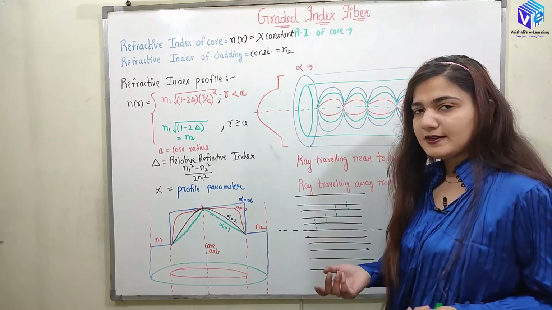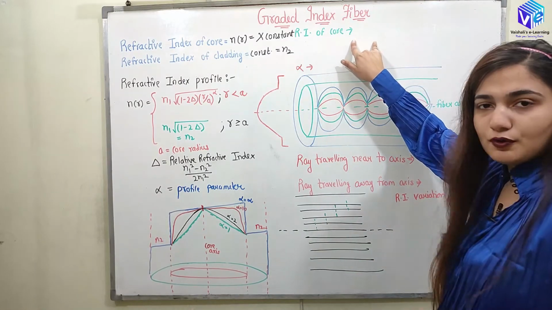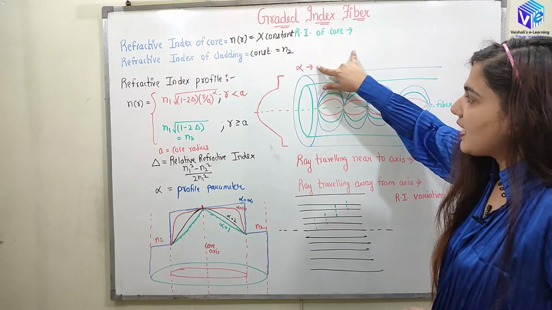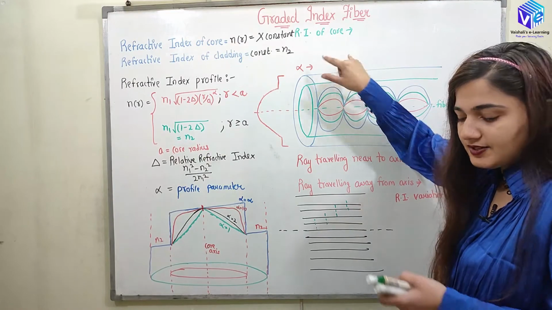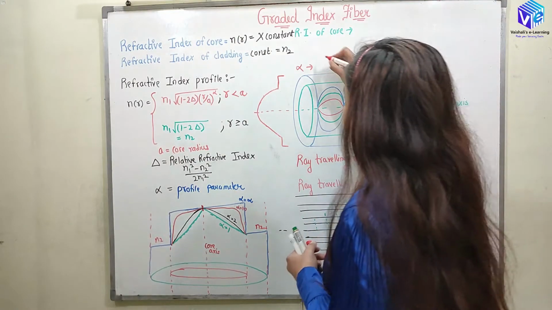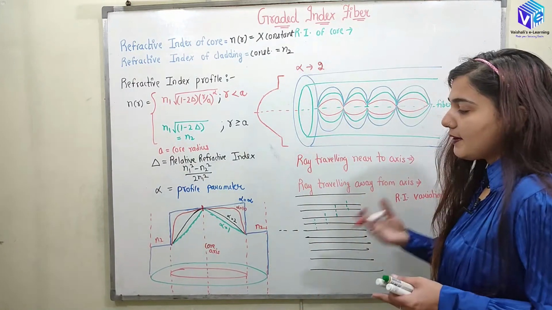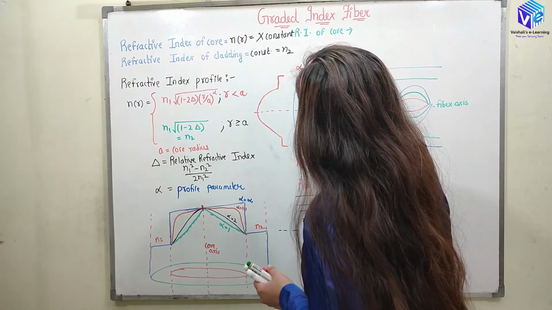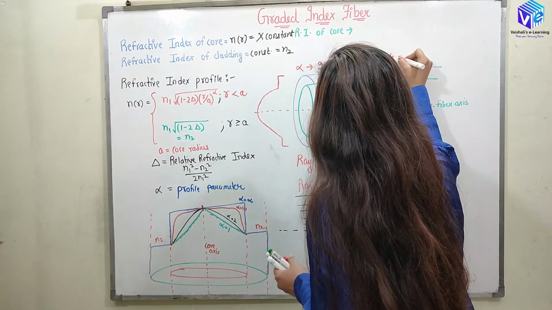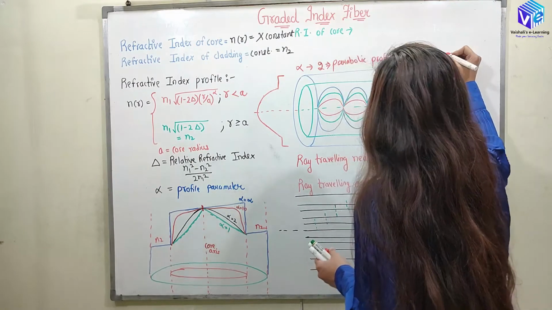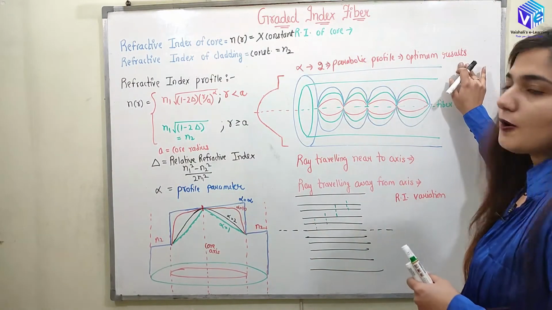Now some of you might be confused about which alpha we have to work upon. The refractive index of the core is varying, and we have to choose the best alpha, the one in which I am going to get the best result. So the best alpha is alpha equal to 2. Whenever I put alpha equal to 2, I am going to get the parabolic profile, and I am going to get the optimum results.